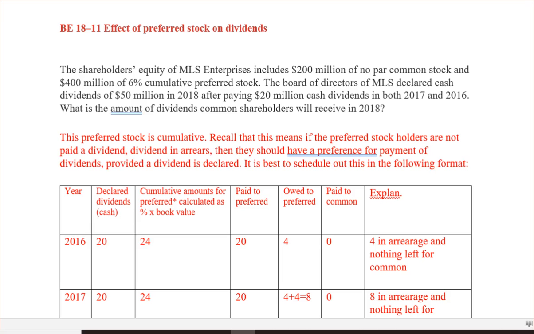The board of directors here is declaring cash dividends. To have dividends paid on preferred stock, you have to have the dividends declared. And they don't separately say we are going to pay cash dividends to our preferred shareholders. They just say we're going to pay cash dividends.